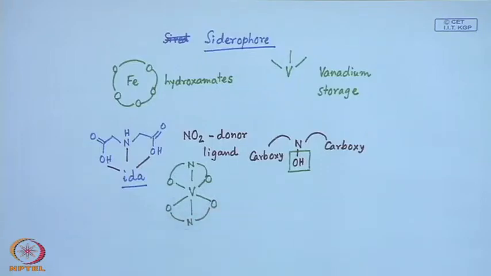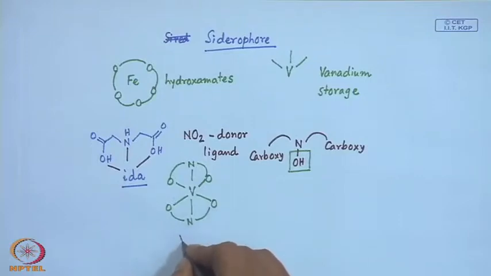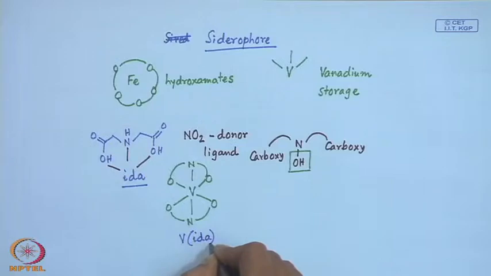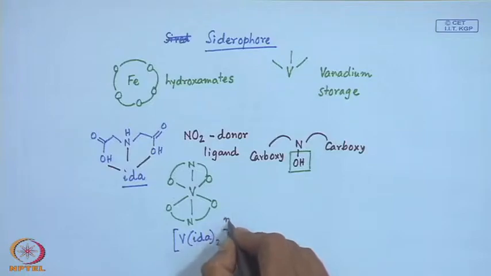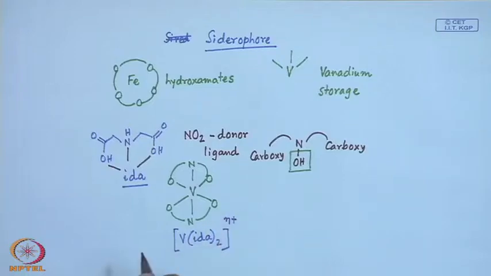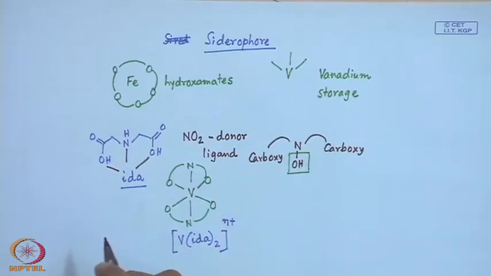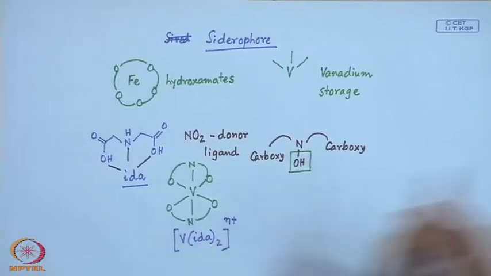So, very standard and regular octahedral coordination can be seen if we use this IDA ligand for vanadium binding, and two such IDA molecules can bind vanadium, and depending on the vanadium oxidation state we can have an overall charge n plus on the typical isolated molecule.